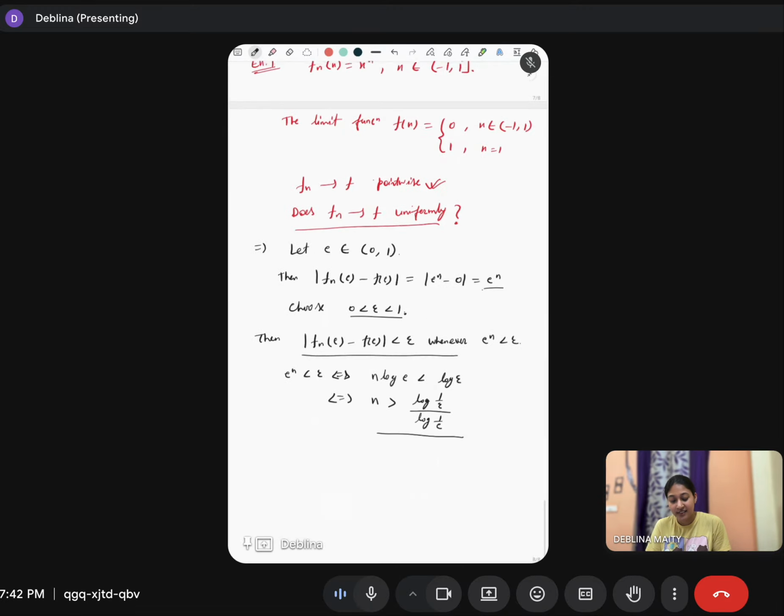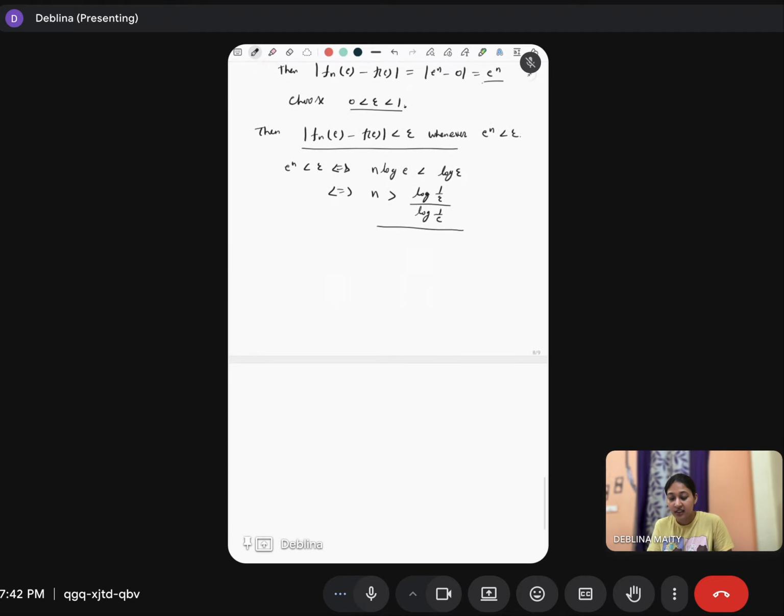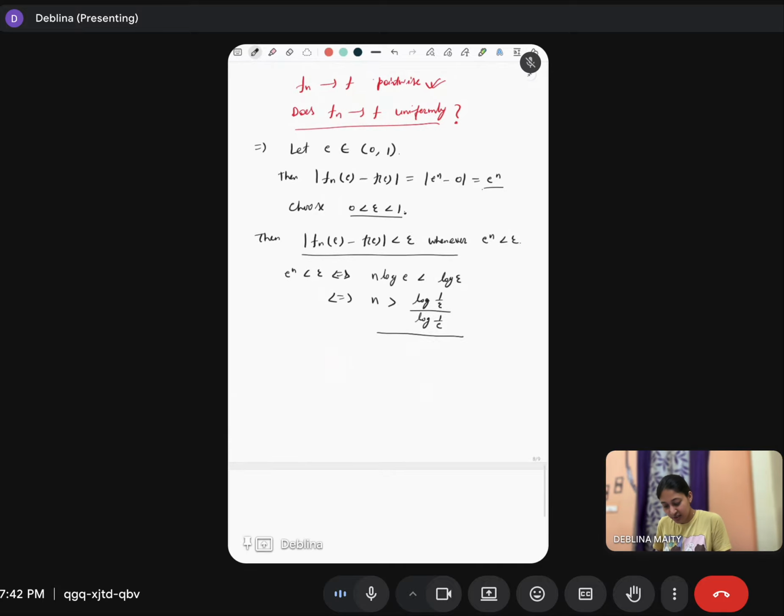Since it is not a natural number, we make it natural by choosing k to be the floor of log(1/epsilon) by log(1/c), plus 1.